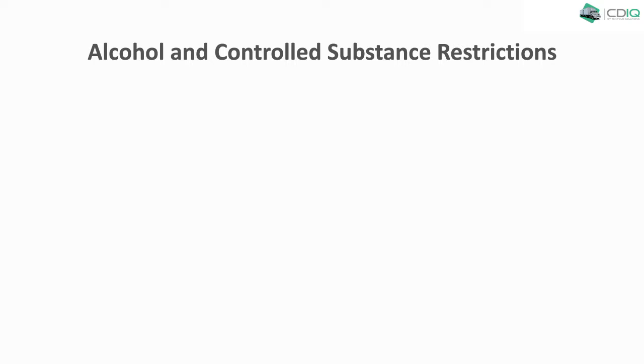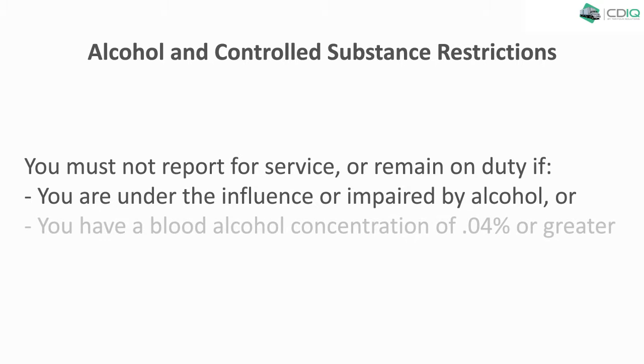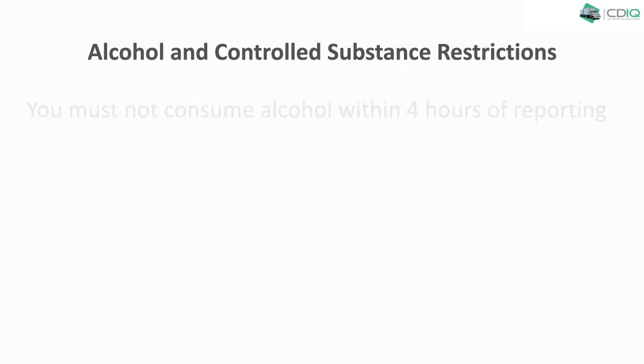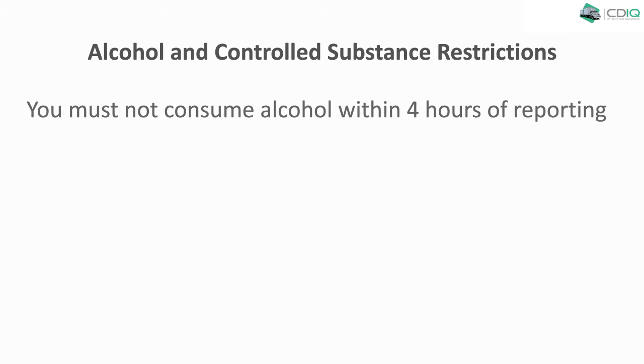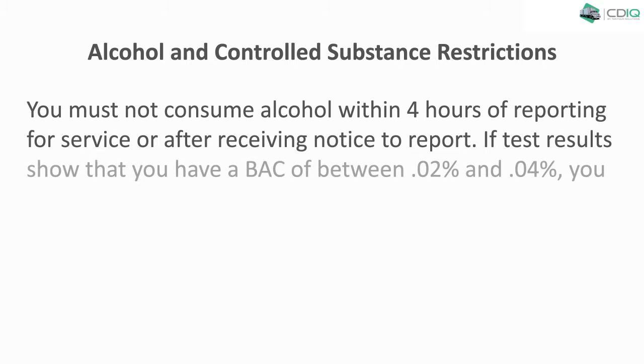Alcohol and controlled substance restrictions. You must not report for service or remain on duty if you are under the influence or impaired by alcohol, or you have a blood alcohol concentration of 0.04 or greater. You must not consume alcohol within 4 hours of reporting for service or after receiving notice to report.